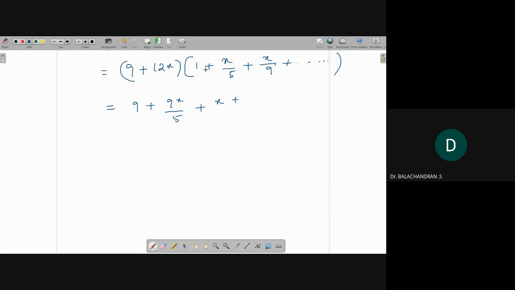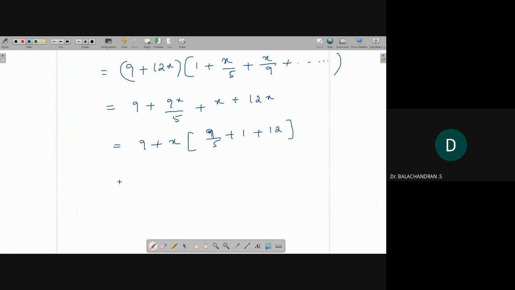Next multiply by 12: 12x, that is enough because the next terms are x square. From these three terms I took x commonly, so 9 plus x into (9 by 5 plus 1 plus 12).